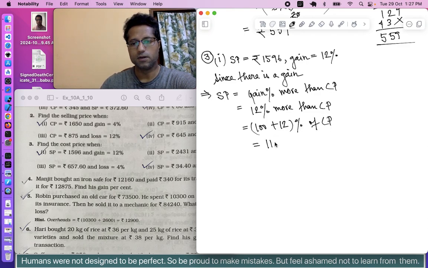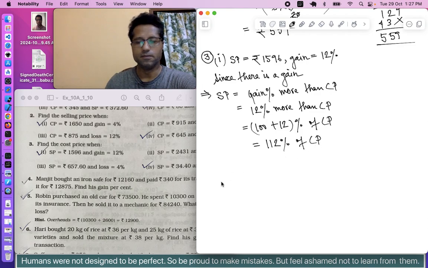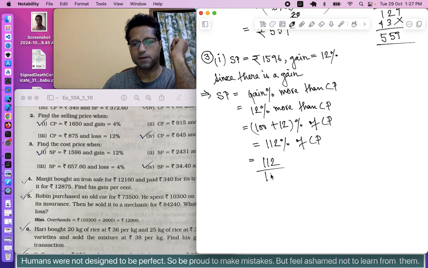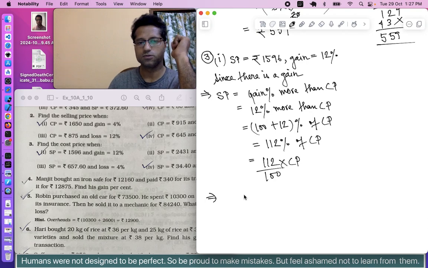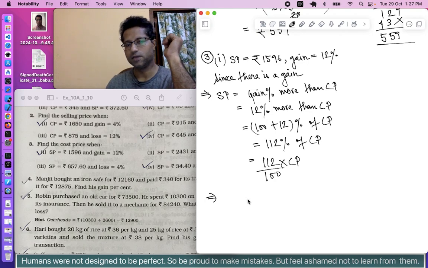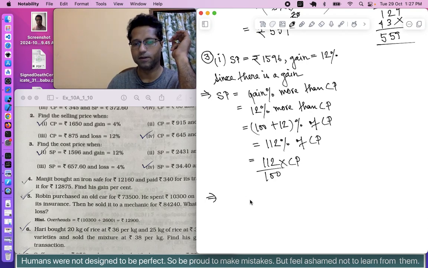This is equal to 112% of CP. We have to find the cost price. So this is equal to 112 divided by 100 multiplied by CP. So SP is given, and we have SP is equal to 112 by 100 multiplied by CP.